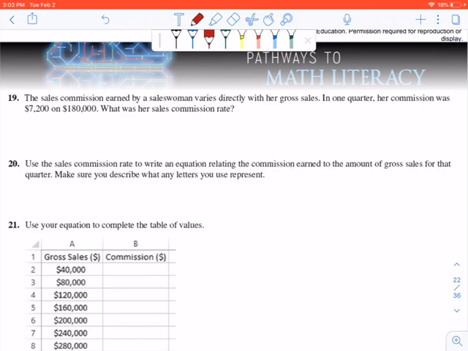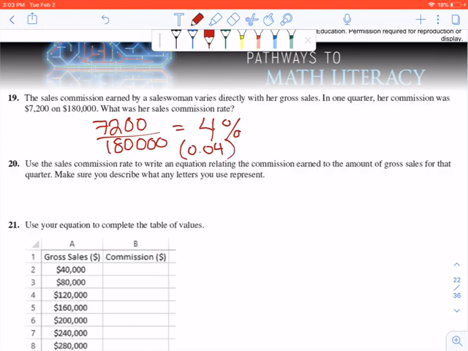So I need to figure out how much she is making per how much she sold. And when I divide that, I get 4%. It's 0.04, which is a 4% commission rate. So I'll put in parentheses 0.04.